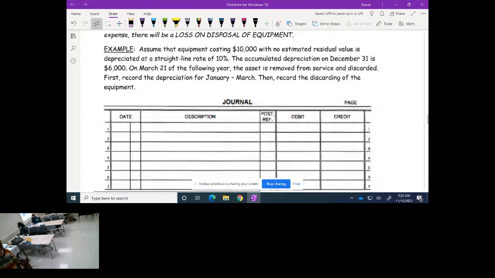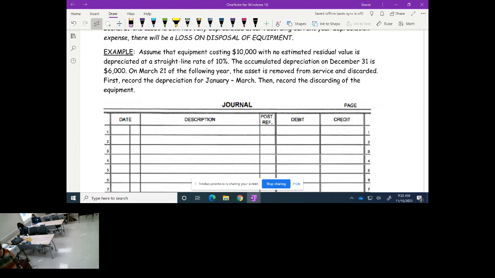So let's see what our depreciation would be for a year. $10,000 times 10% is $1,000. That's what our depreciation is per year. So how would we figure out what 3 months worth is? That's for 12, so we multiply this by 3 twelfths.